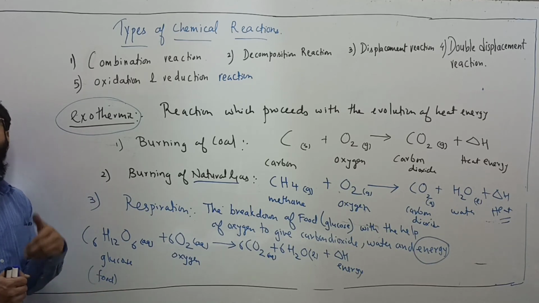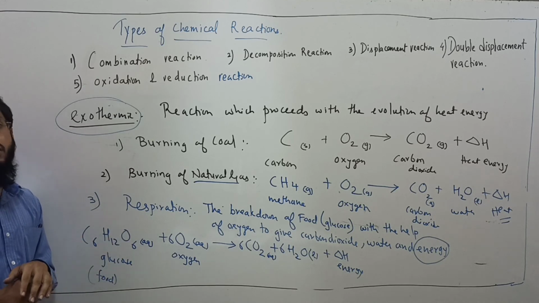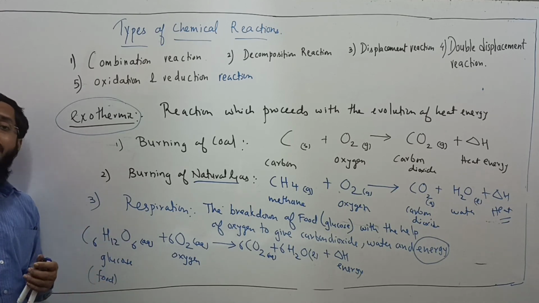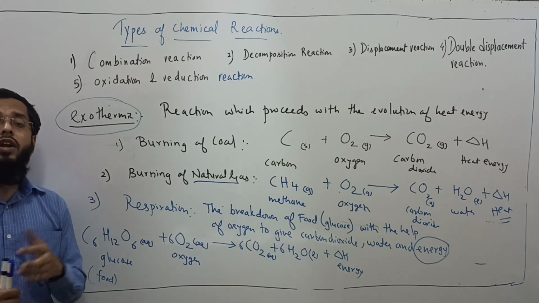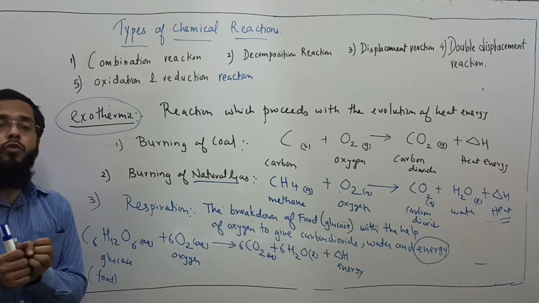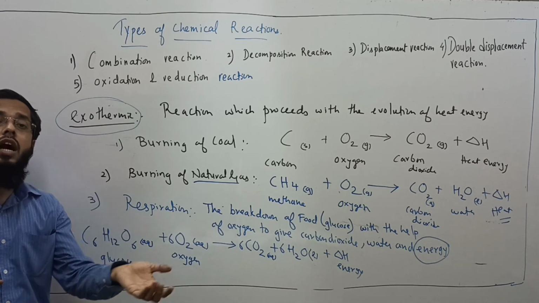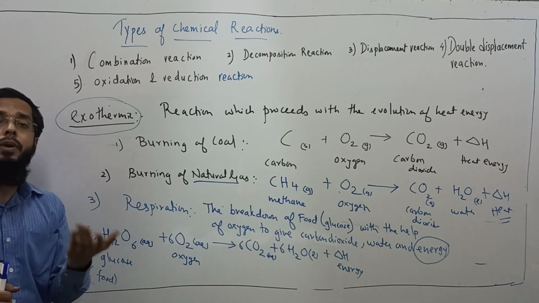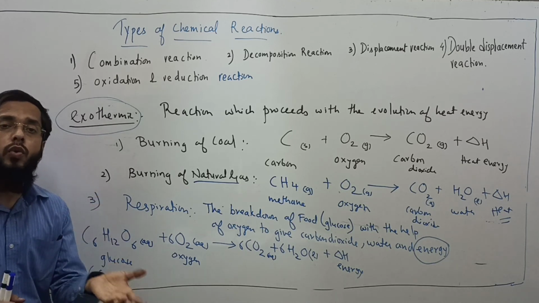Those reactions in which energy is released are known as exothermic reactions, and those reactions in which energy is required are known as endothermic reactions. For example, cooking: we are mixing vegetables, but the reaction starts only when we heat the mixture. So it is an endothermic reaction in which energy is required.